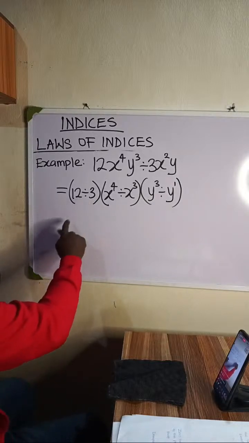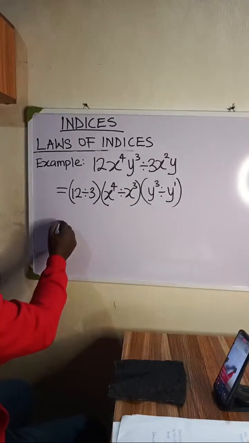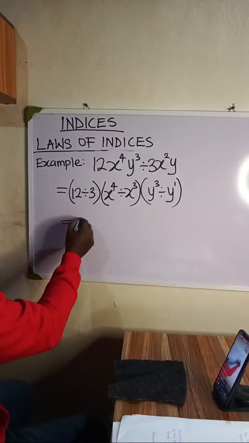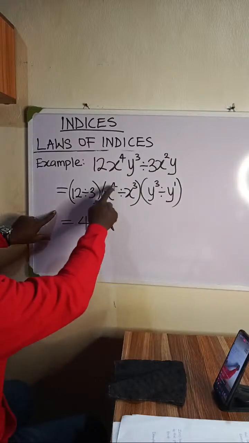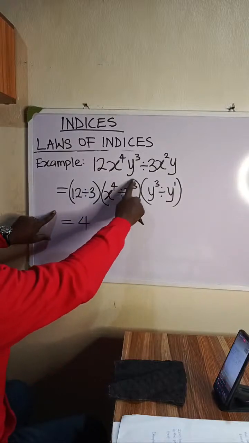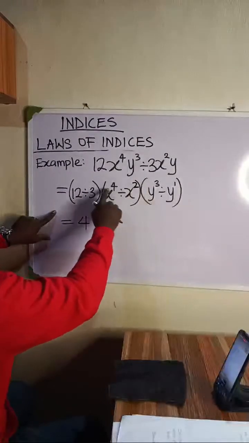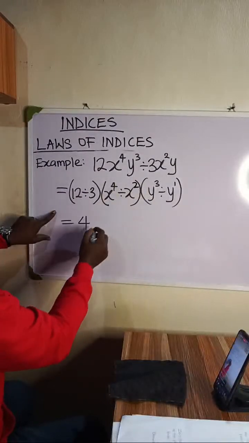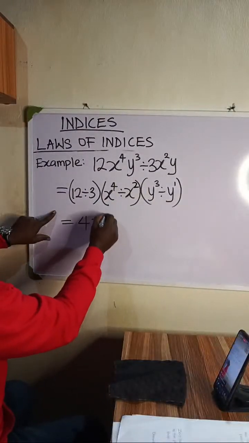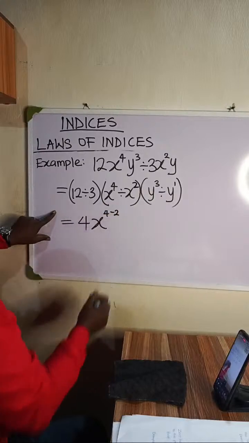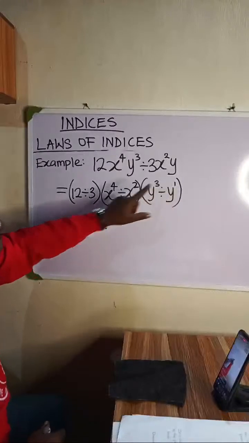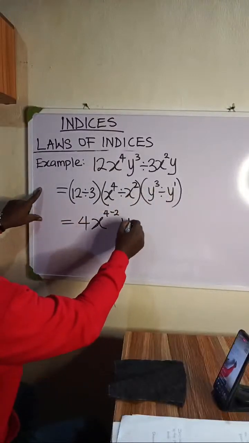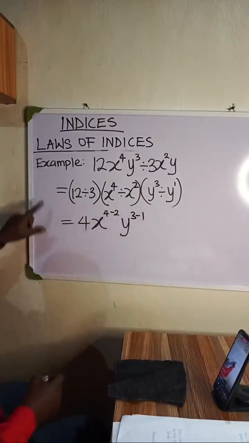So 12 divided by 3 gives you 4. Here, the bases are the same, so you subtract the second exponent from the first. So we have x to the power of 4 minus 2. And here you do the same, the bases are the same, so you subtract 1 from 3: y to the power of 3 minus 1.